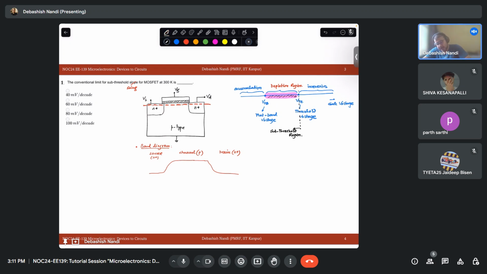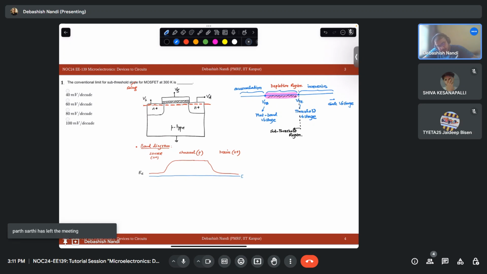What we are concerned about is only EC. Why? Because the current will mainly be conducted by the electrons. You can draw the other bands also. For example, this will be your EF, then similarly something like this will be your EV.